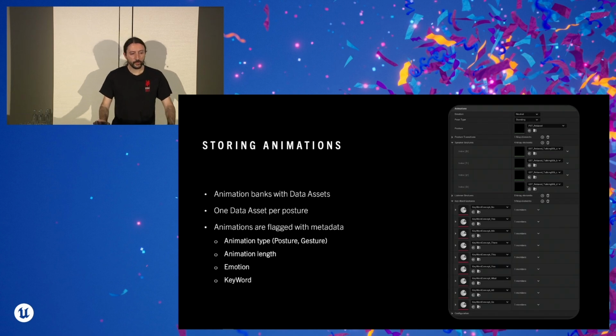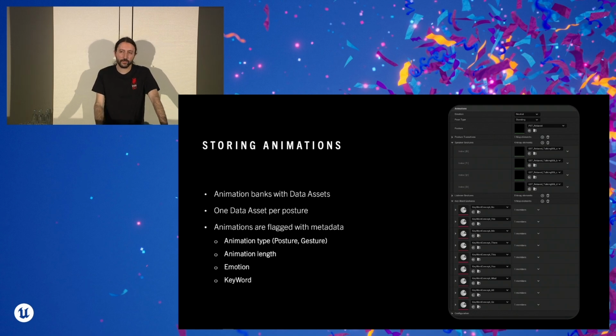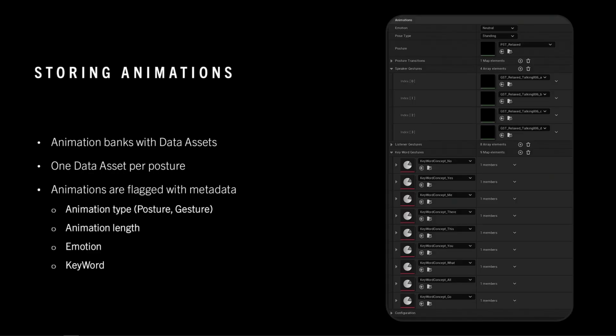We used to store animations in data tables. We are switching to data assets because data tables can be very big very quickly and you end up loading a bunch of stuff that you actually do not want. So yeah, data assets are great. We basically have one data asset per posture. So maybe this one, for instance, is for the relaxed standard posture.